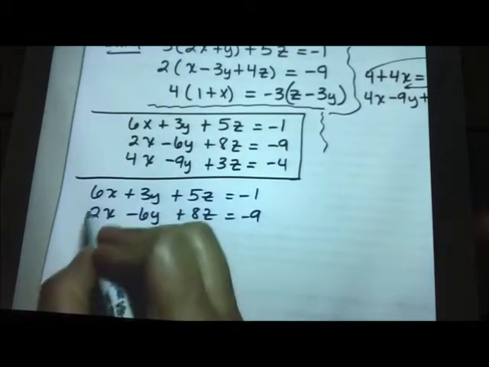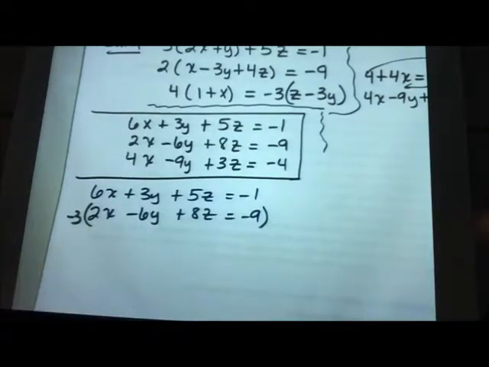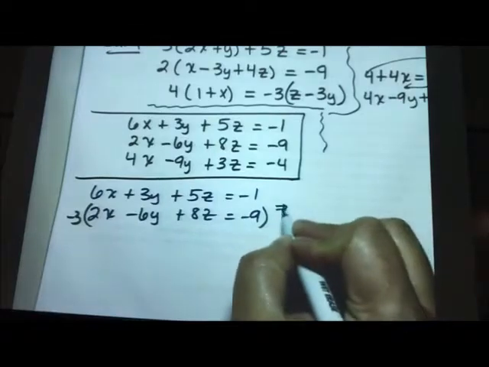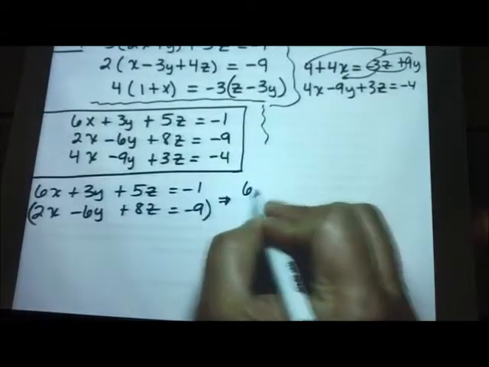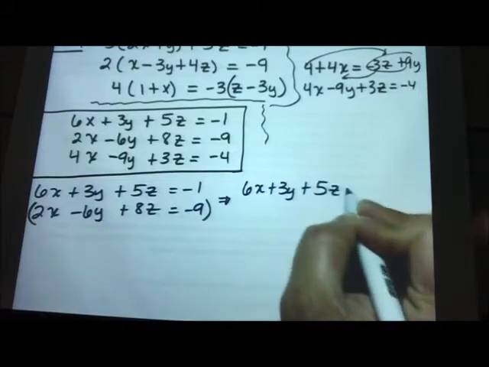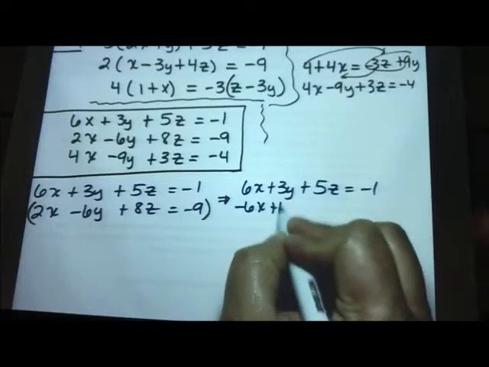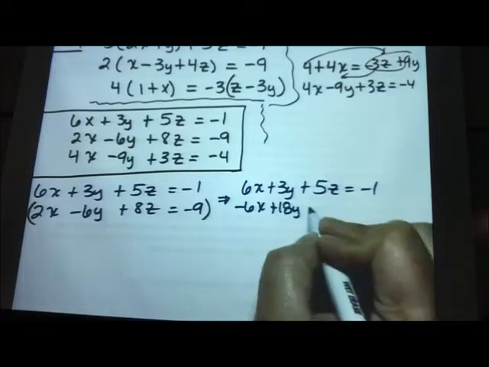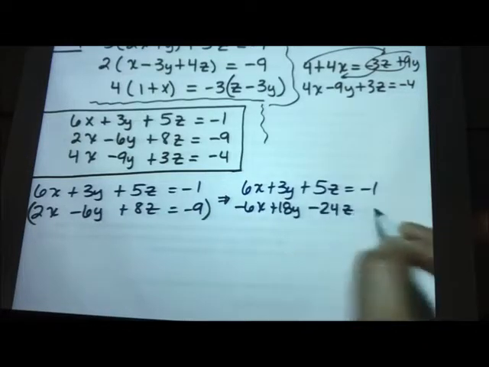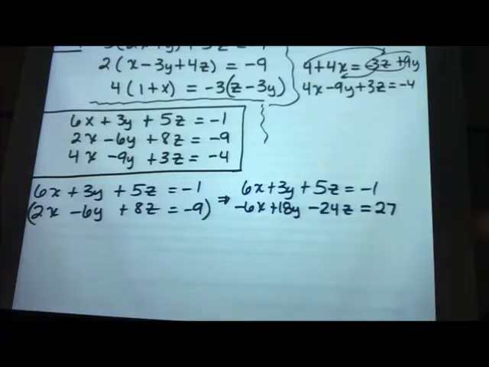If I multiply the bottom one by a negative 3, this here is going to stay, the top one stays. The bottom one, negative 6x, positive 18y, negative 24z equals a positive 27.